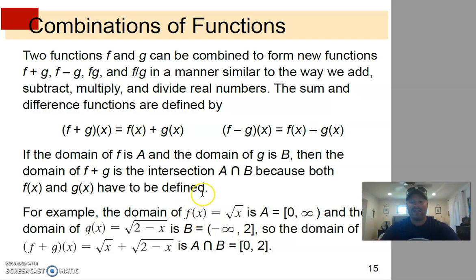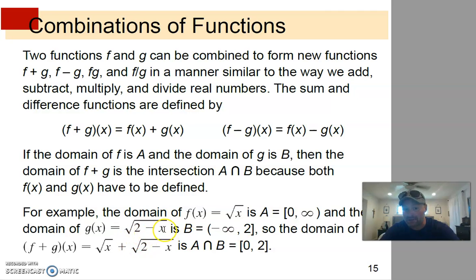Okay, and then we also notice our domain here, our domain for this function right here, because we know that we cannot have a negative value under the square root. If we do, then that would result in an imaginary number. And so because of that, we have a restriction on what our values of x can be. Therefore, we know that x cannot be a number greater than 2, can it?